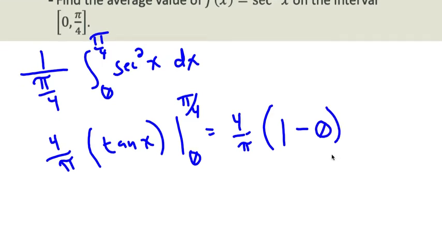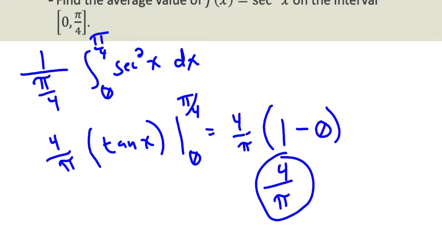So I'm left with 4 over pi times 1, which leaves me with 4 over pi. Final answer. Okay, that's an exact answer. I mean, you could approximate that using your calculator or whatever, but that's good right there.